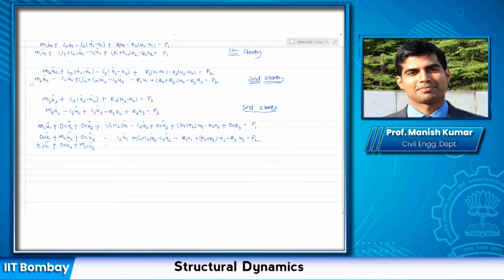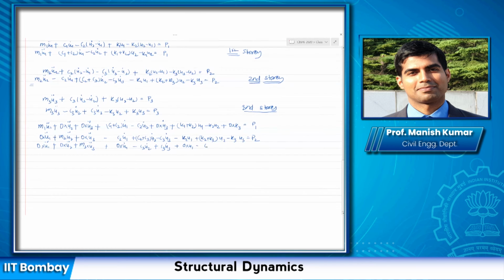In this third equation, there is no term for U1 dot, so 0 times U1 dot. There is a minus C3 term for U2 dot, and then I have only C3 for U3 dot. Similarly, for stiffness, I have 0 times U1, it doesn't matter whether plus or minus in this case because it's 0.